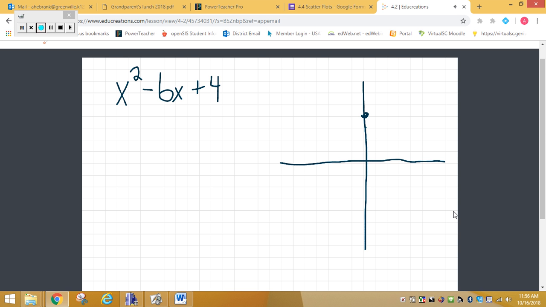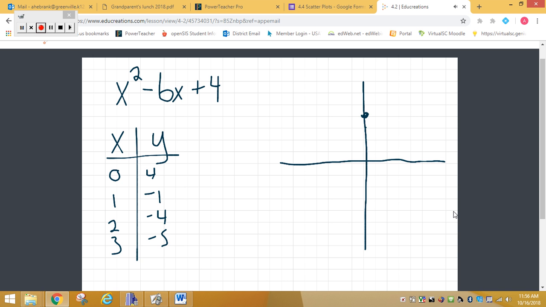So I'm going to use the points 0, 4, 1, -1, 2, -4, 3, -5, 4, -4, 5, -1.